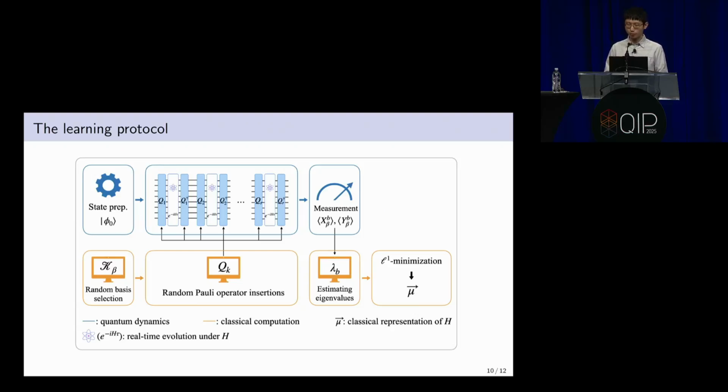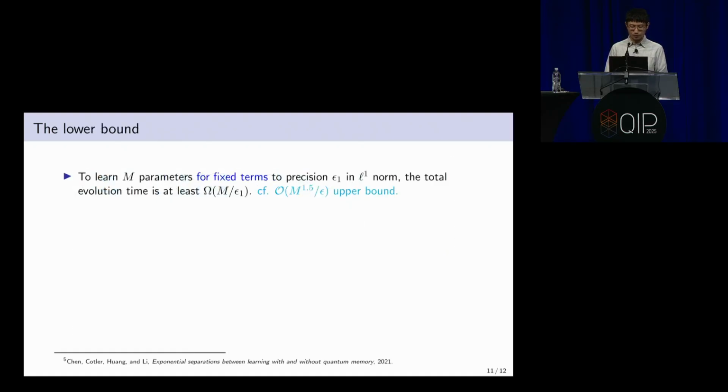At the end of the experiment, we do a measurement, which tells us about the eigenvalues, and we then feed these eigenvalues into the L1 minimization problem coming from compressive sensing, which helps us recover the coefficients we want to learn. So this is the protocol.